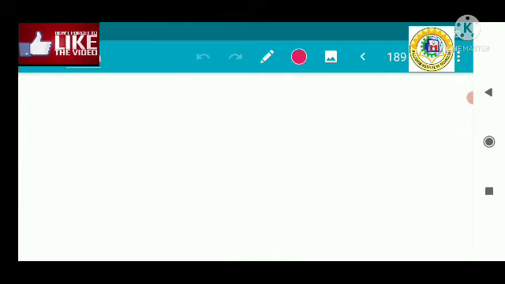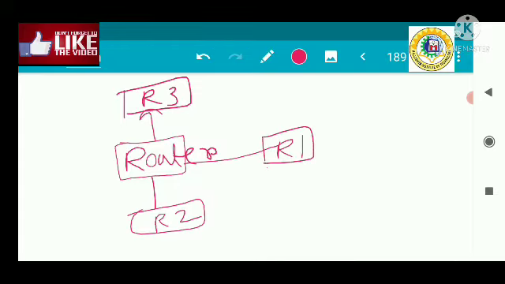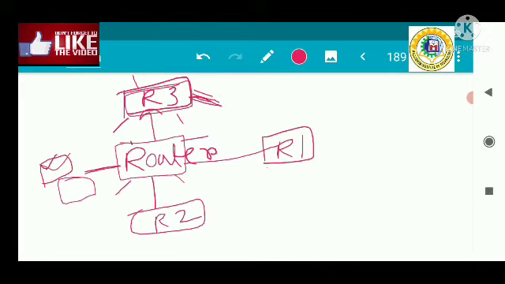Suppose this is your router 1, this is router 2, and this is router 3. All of these routers are connected, and some workstations are connected to each router. Whenever a workstation wants to send data to a machine connected to another router, the router decides its path according to the routing algorithm.